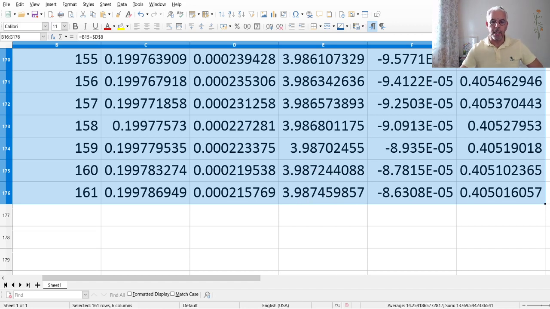We can graph X and S and see how they compare.